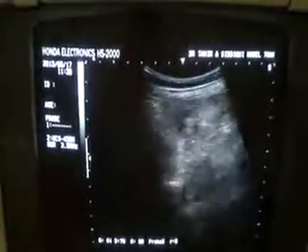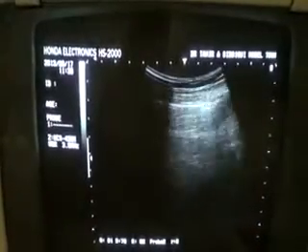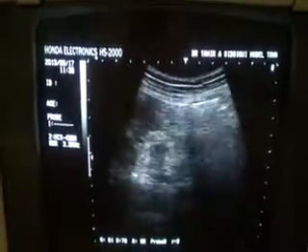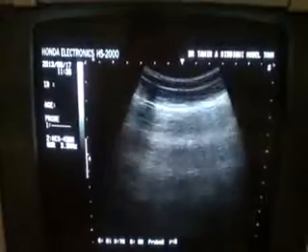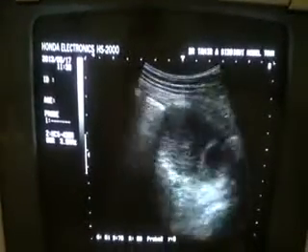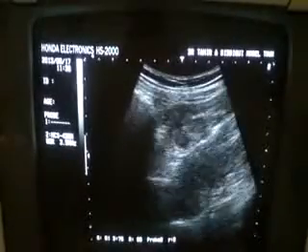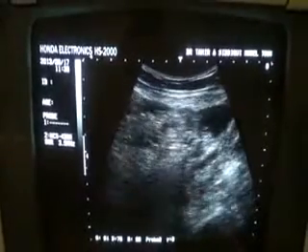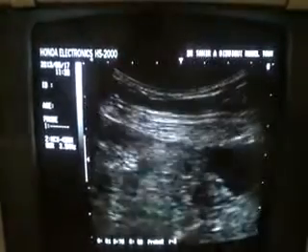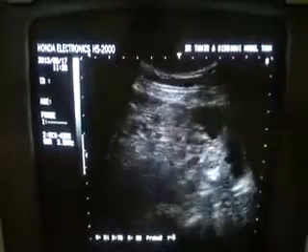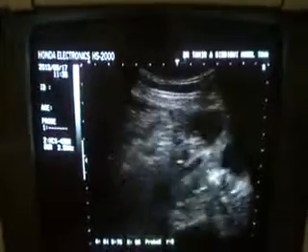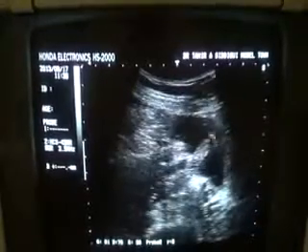Because I do not have the lab profile with me, by my experience of 19 years performing these scans, I can say with confidence that these cystic areas are gestational sacs, two sacs, and this is the fluid in the dependent region of the peritoneal cavity.